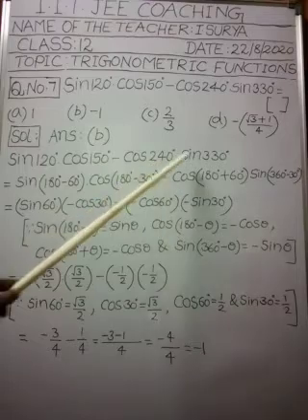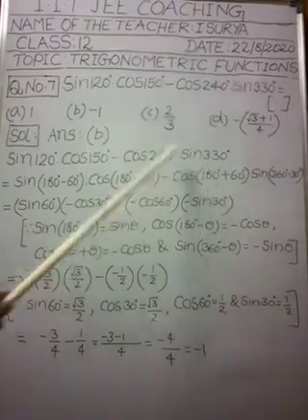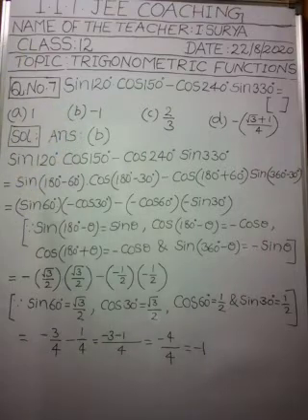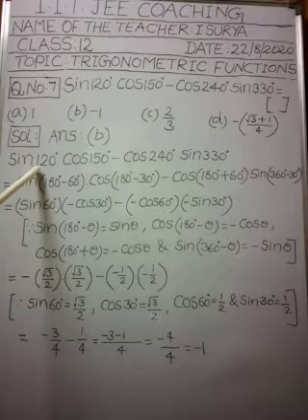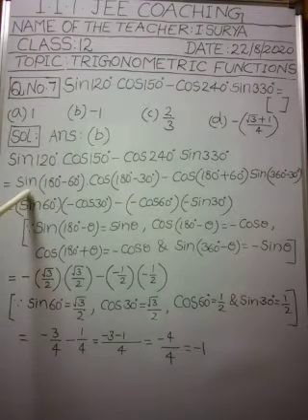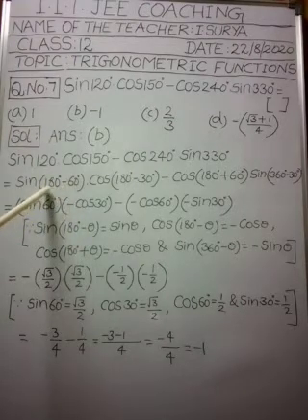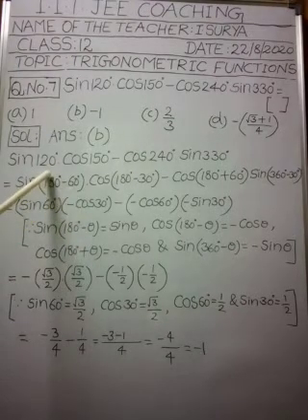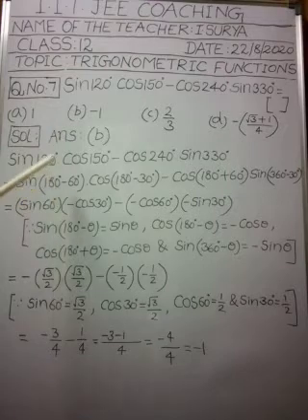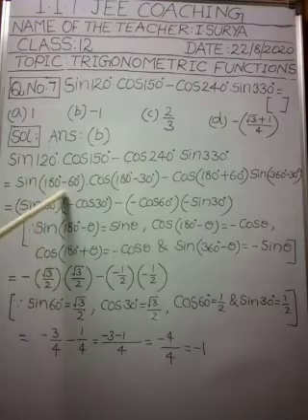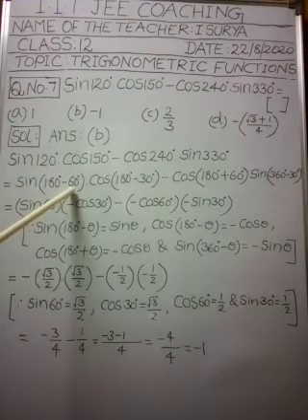Now, in the first term, the first factor is sin 120 degrees. We wrote this first factor as sin of 180 degrees minus 60 degrees. 180 minus 60, what will you get here? 120 degrees only.